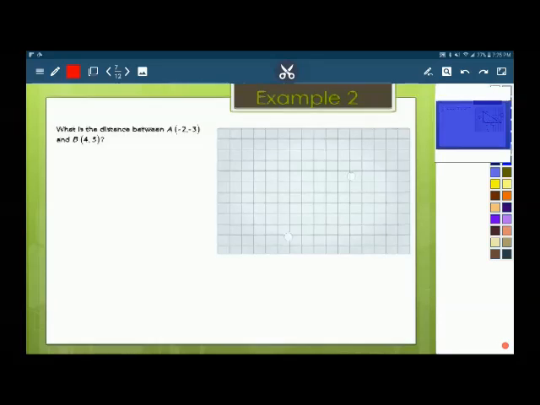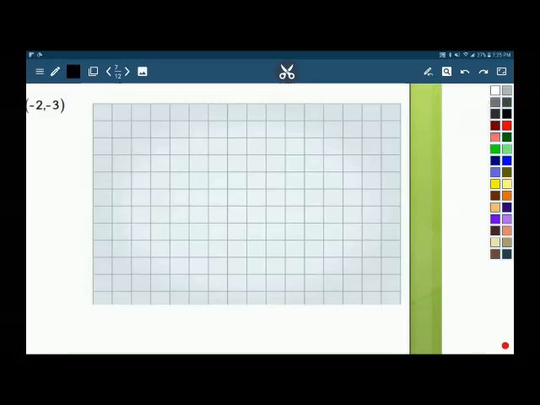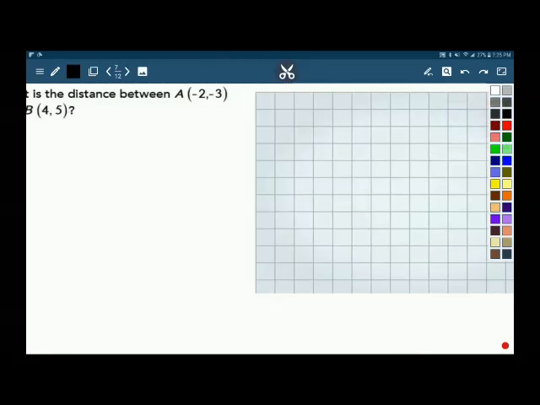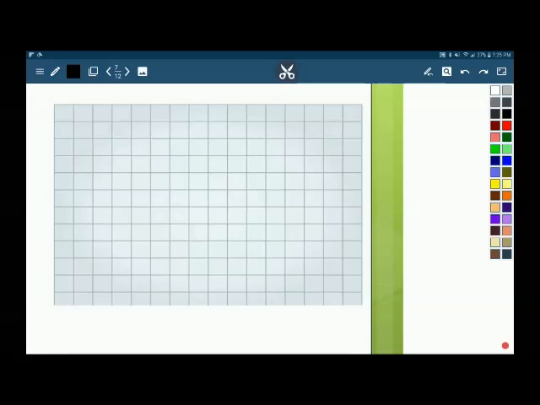So let's use our grid paper here and draw a coordinate plane. My 2 points, I have one that's in the third quadrant, one that's in the first. So let's center our axes as much as we can here. That didn't look very centered.